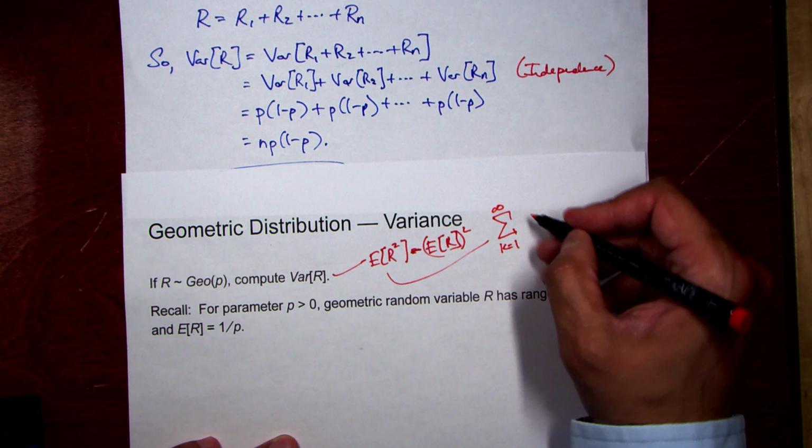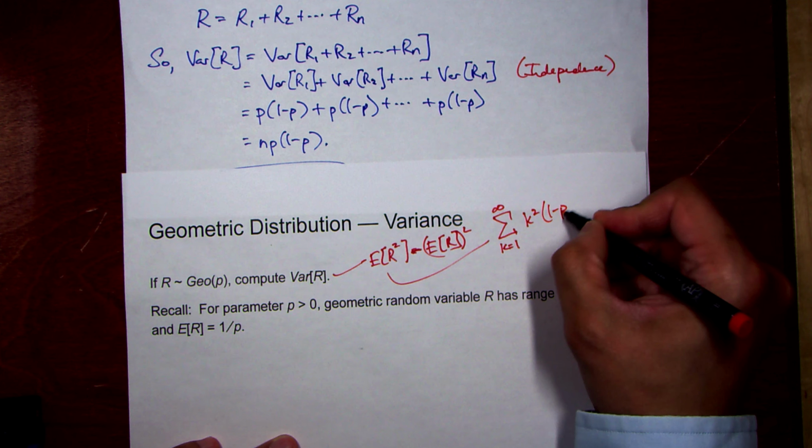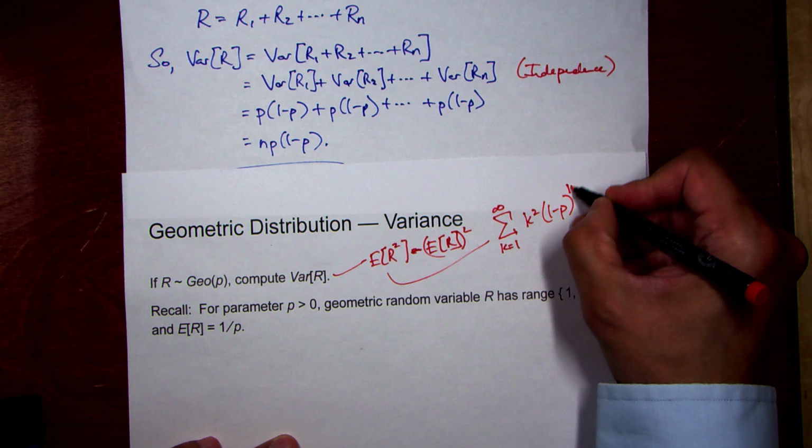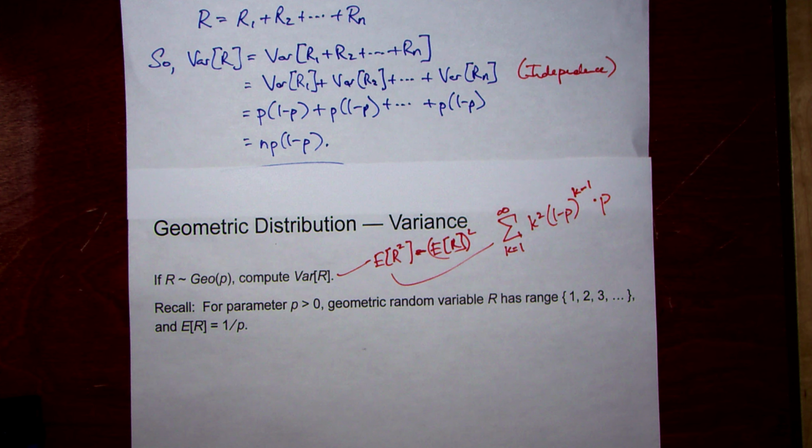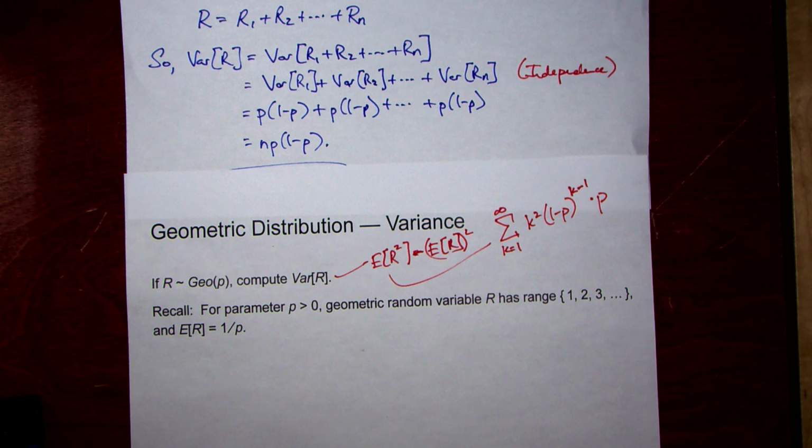It's k squared, and then we multiply by the probability of each of these, right? So (1 minus p) to the k minus 1 times p. And this is like the arithmetico-geometric series that we did before. We could do some subtractions to try and whittle down this thing. Maybe there's another differentiation trick that somebody pointed out. There probably is a nice way of getting this to work out. We're not going to do that. Okay, we're going to take a small shortcut.